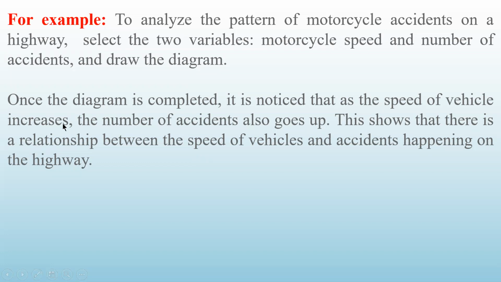This shows that there is a relationship between the speed of the vehicle and accidents happening on the highway. So they are positively correlated. So we can plot the scatter diagram, and from the pattern we can find out the type of correlation between the speed of the motorcycle, that is x, and the number of accidents, that is y.